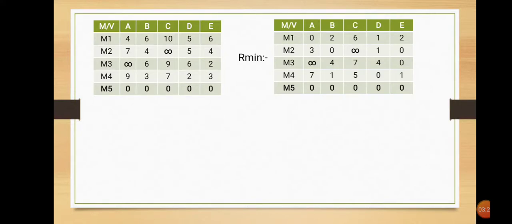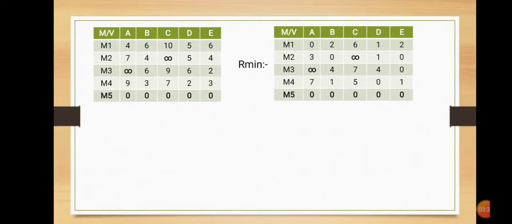Here infinity is given in this table. Do not take any tension; keep it as it is in the table. Don't do anything, no subtraction or addition. This is infinity. Do not use it.